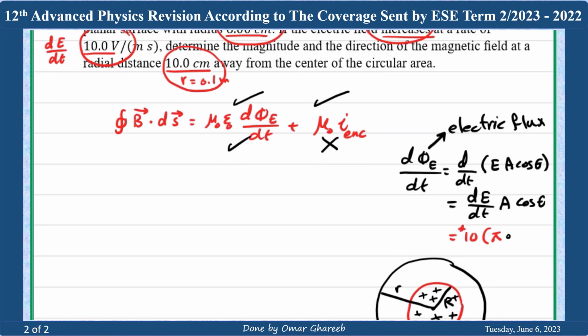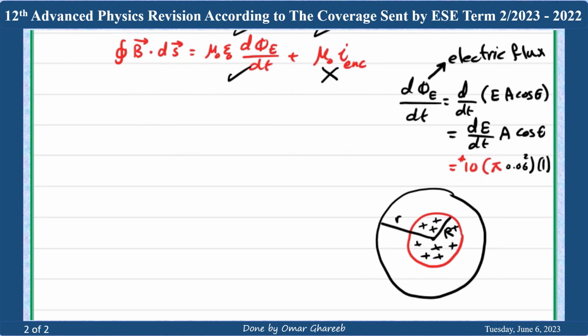So 0.06 squared, and cosine theta is 1. Why? Because the area is out of the page and the electric field is out of the page, so the angle is 0.